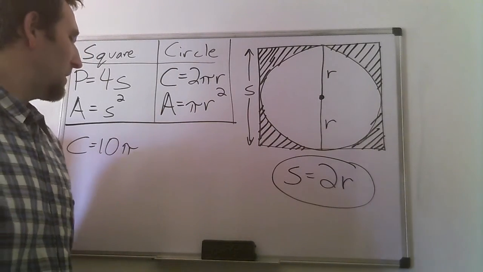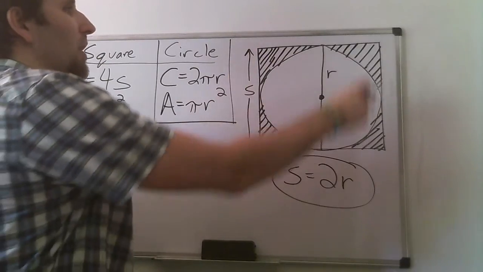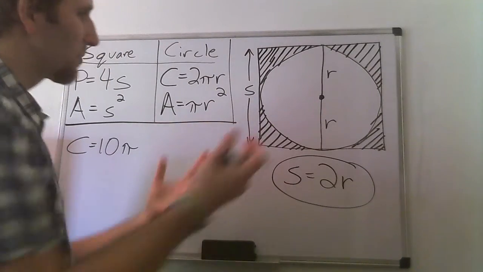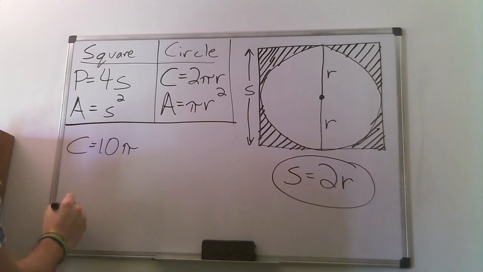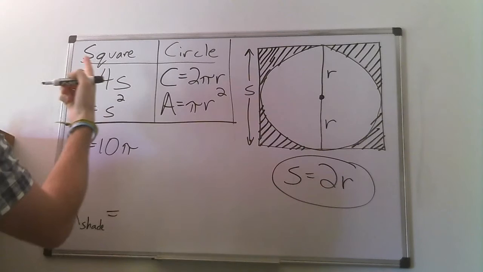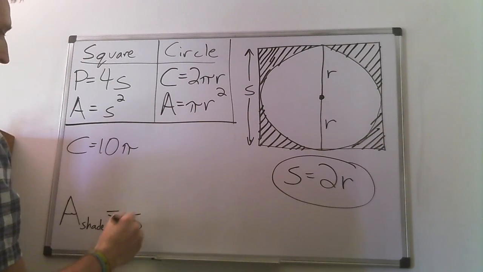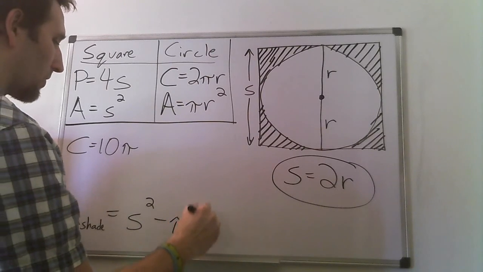Then you need to say, I know that I'm going to have to take the area of the square and subtract out the area of the circle. So we could just write an equation for that. The area of the shaded region, A shade, is equal to the area of the square, which is s squared, minus the area of the circle, which is pi r squared.